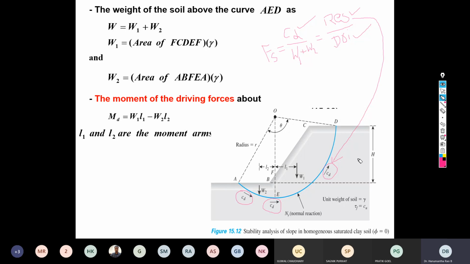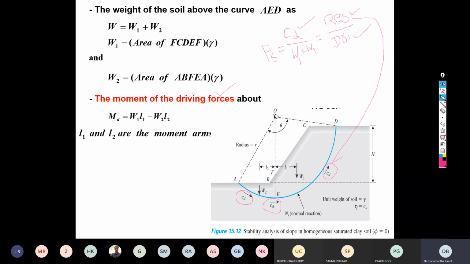But when you talk about the driving force, the driving force is caused by W1 and W2. The lever arm distances are different for W1 and for W2. So the driving moment is W1 multiplied by L1 and W2 multiplied by L2.